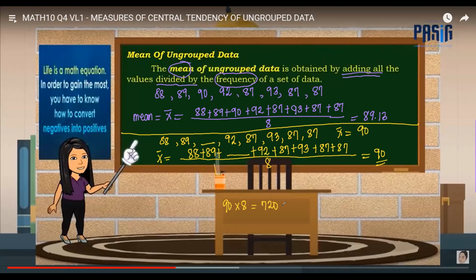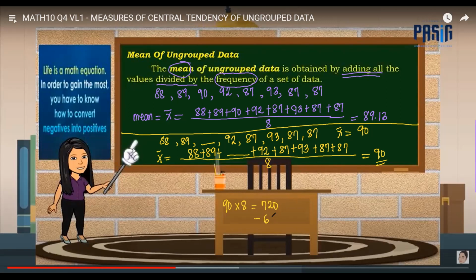Wait lang. 88 plus 87, 93, plus 87 plus... Ay, mali. Six minus ko? Mali pala yung sagot ko, ma'am.